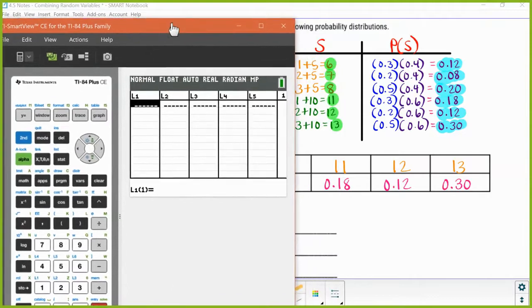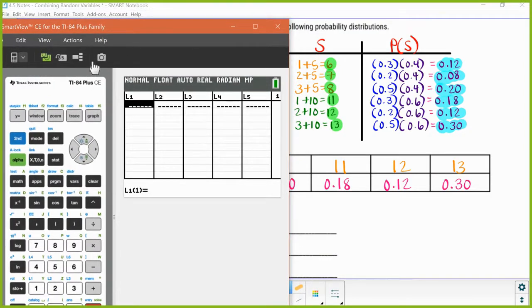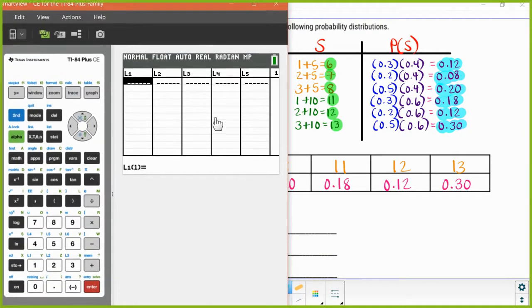So I'm going to go to L1 and type in my data. I'm going to type my outcomes into L1: 6, 7, 8, 11, 12, and 13. And then I'm going to type my probabilities in the same order into L2. It is very important.